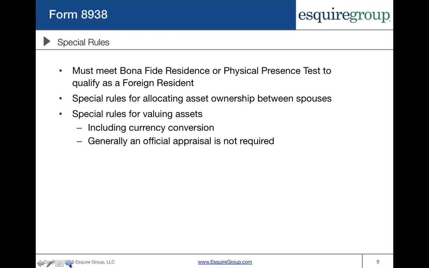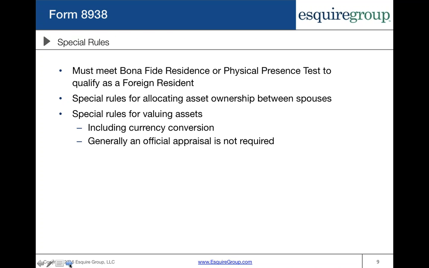So whether or not somebody is a foreign resident is going to depend on whether or not that person is a bona fide resident of a foreign country or meets the physical presence test. If they meet one of those two tests, then they would be considered a foreign resident.